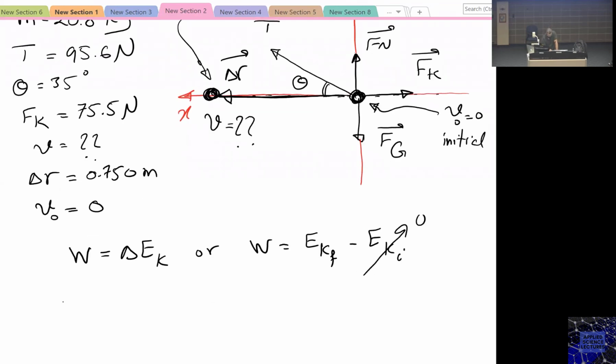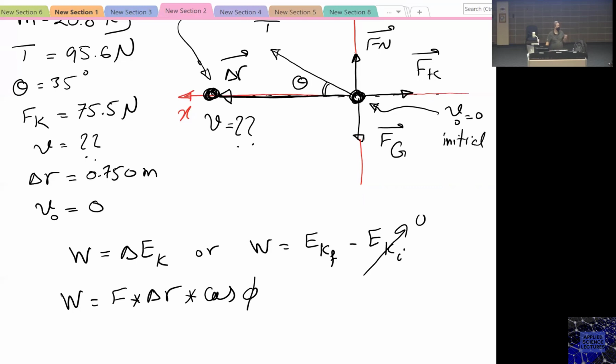So let me start by calculating the work. What does the work say here? The work in general is the magnitude of the force, times the magnitude of the displacement, times cosine of the angle in between. I'm calling it phi here, just to distinguish between this angle and the theta that I have in my drawing.